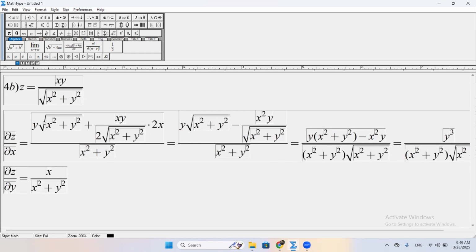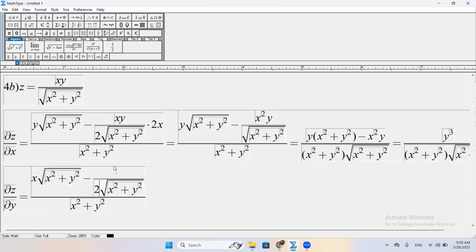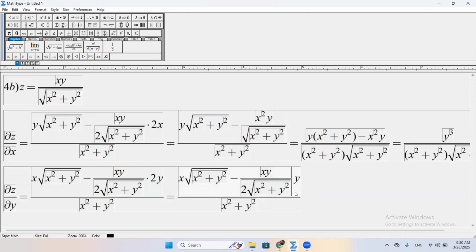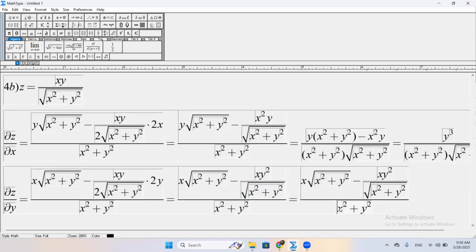Now x multiplied by the square root, minus xy divided by 2y, so removing 2, xy square, and now doing the same, multiplying both parts of the fraction by the square root.